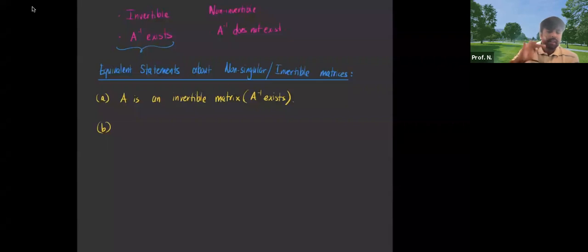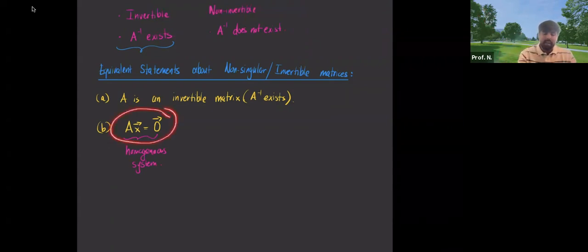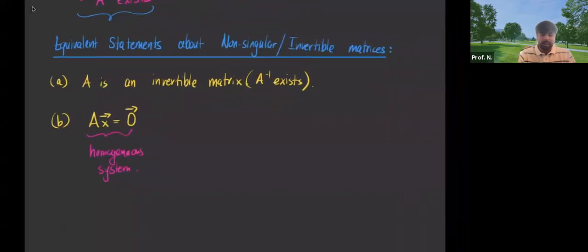Okay, so first we have to identify what kind of system we are dealing with. If A is invertible, that means the inverse exists. That means if I have the homogeneous system, again, this is a homogeneous system where every linear equation is equal to 0. When we create the matrix equation, we have this kind of algebraic expression.